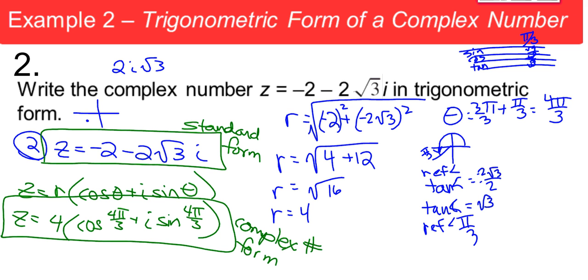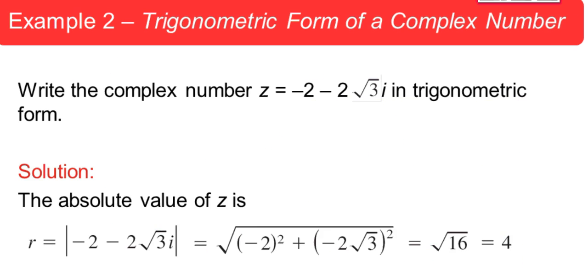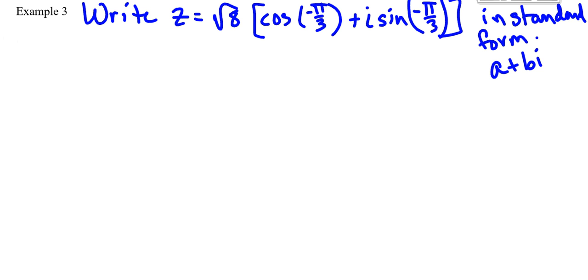Complex number in trigonometric form. I'm glad, because somehow in my head I was thinking standard form, a plus bi. Trigonometric form is r cosine theta plus i sine theta. So I'm glad that I remembered to do that.